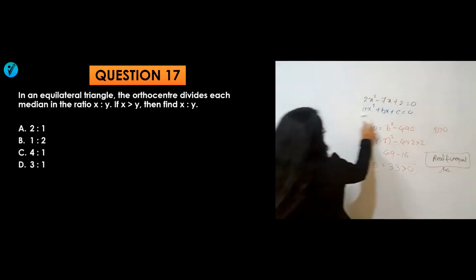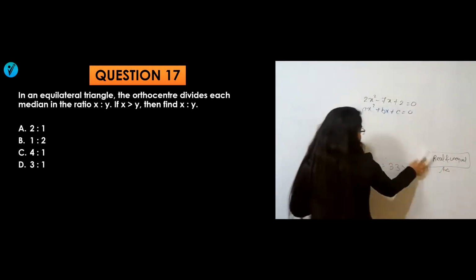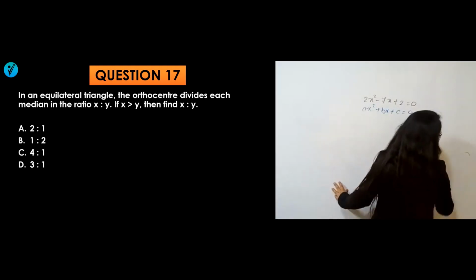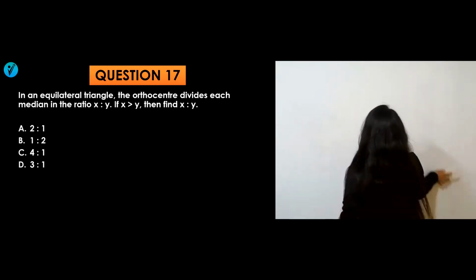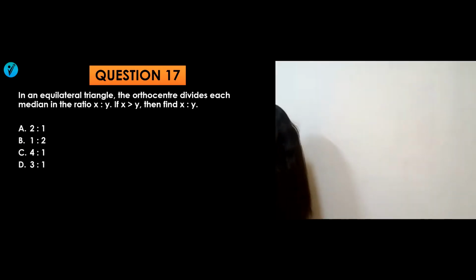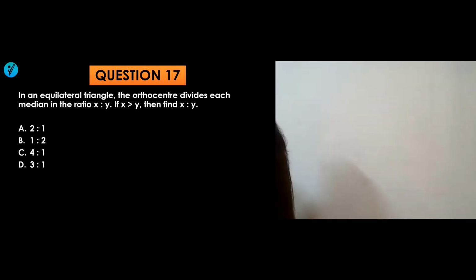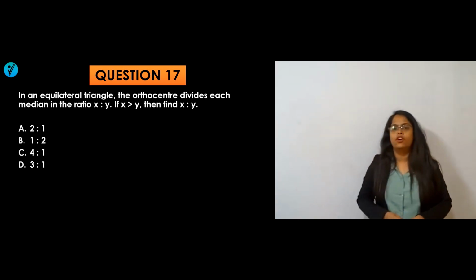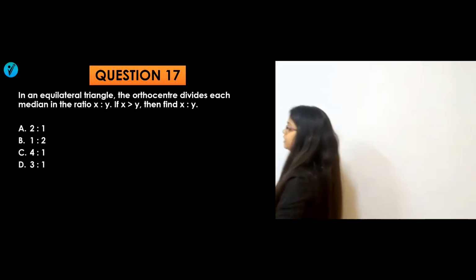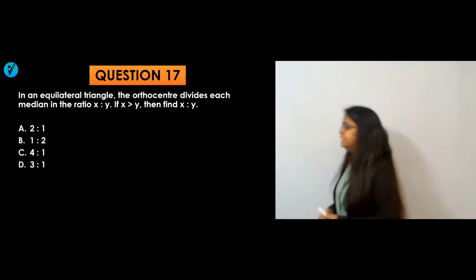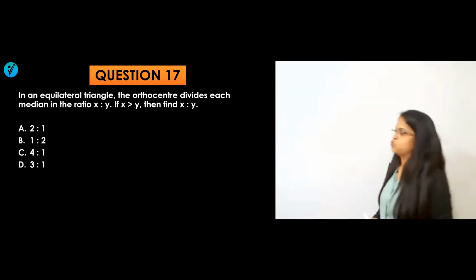Question number 17 is here. What are they saying in this question? In an equilateral triangle, this is a completely conceptual based question, the orthocenter divides each median in the ratio x is to y.